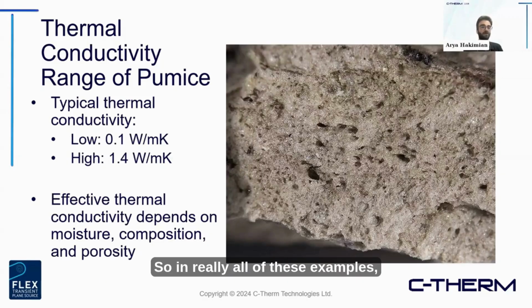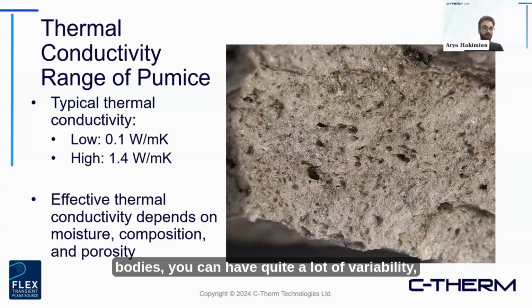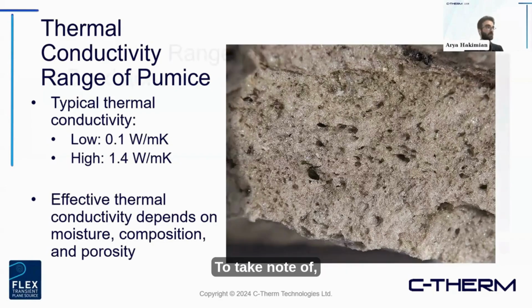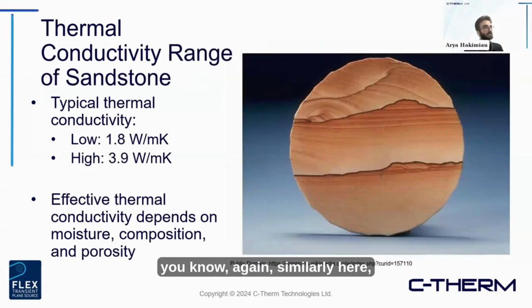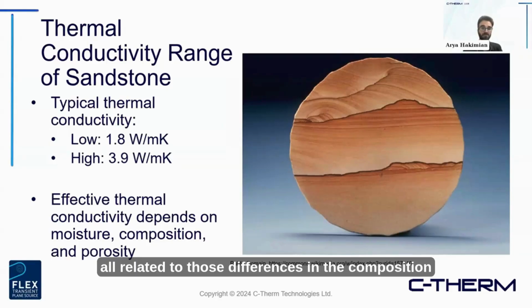So in really all of these examples, the effective thermal conductivity will depend on the moisture, the composition, the porosity, and unlike I'd say a lab synthetic generated sample, which are quite consistent, in some of these more naturally occurring bodies, you can have quite a lot of variability, which can, of course, be really important to take note of. Again, similarly here, an example on sandstone, kind of the low end 1.8 versus some data collected showing upwards of 3.9. Again, all related to those differences in the composition and some of those conditions of interest.